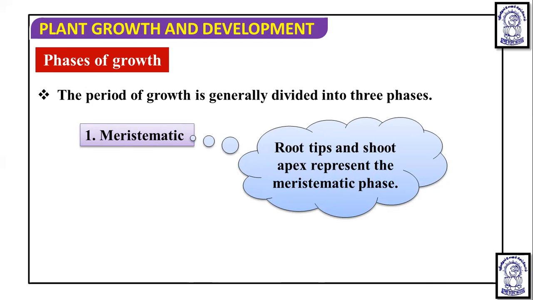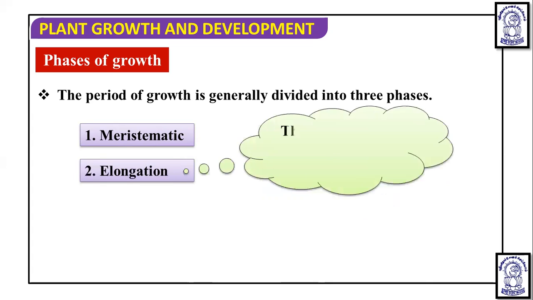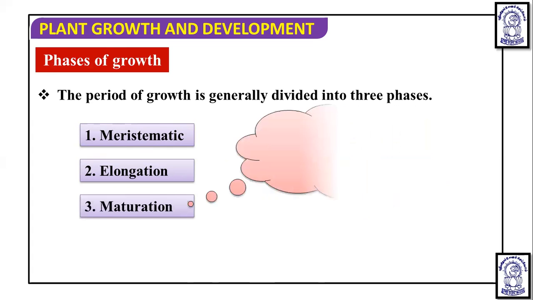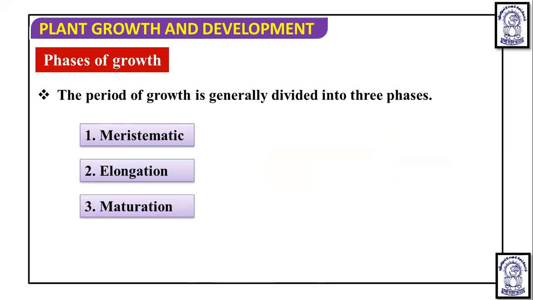Obviously, the root tip helps in the growth of the root, and the shoot tip helps in the growth of the shoot. The second one is the elongation phase, and the cells proximal to the meristematic zone are called elongation zone cells, which help in elongation. And the maturation phase is more proximal to the phase of elongation, farther away from the apex.